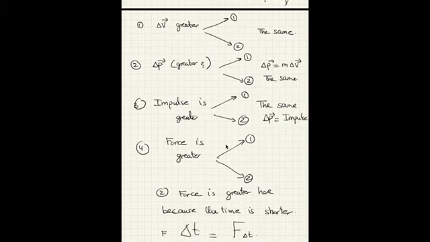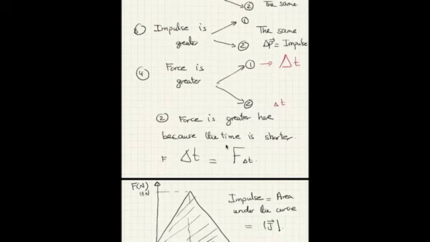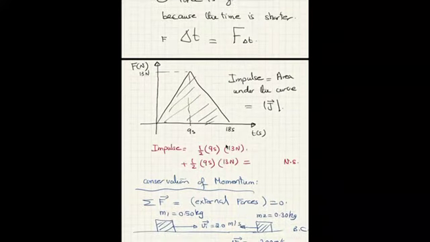And finally, in which one is the force greater? This one is going to take a longer time versus this one, which is going to take a short time. So the force is greater in scenario 2 because the time is shorter, and we might have severe injuries.